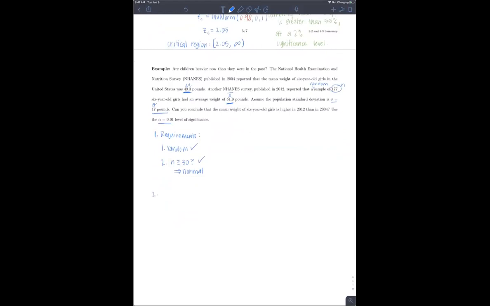After the requirements, this is when you write your null and alternative hypotheses. Here, my null hypothesis is H naught colon, and then what variable should I put there, mu or p? Yeah, mu.